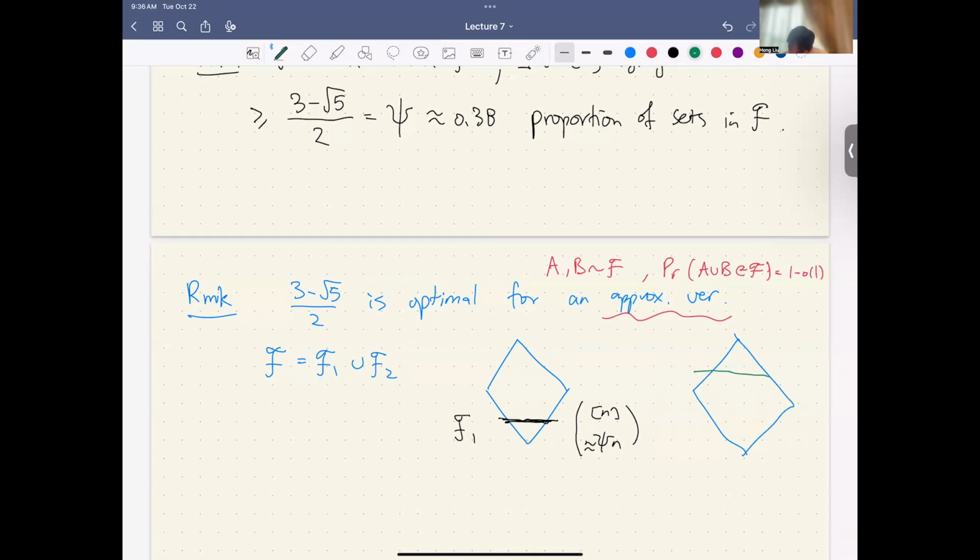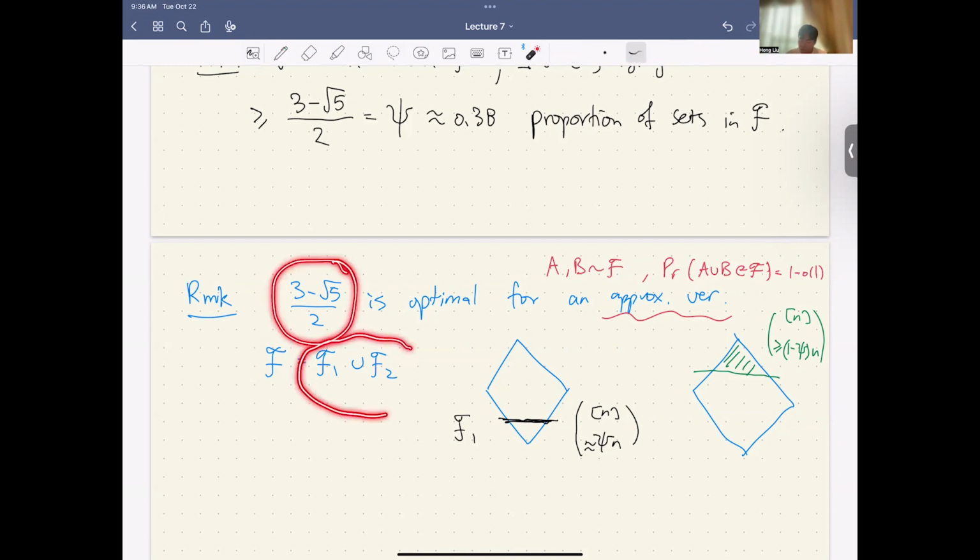Second family, you choose sets of size bigger than 1 minus phi times n, and you choose the upper parts. Then it's not hard to check that every element is contained in roughly this proportion of the sets in the union of these two. This is F2.